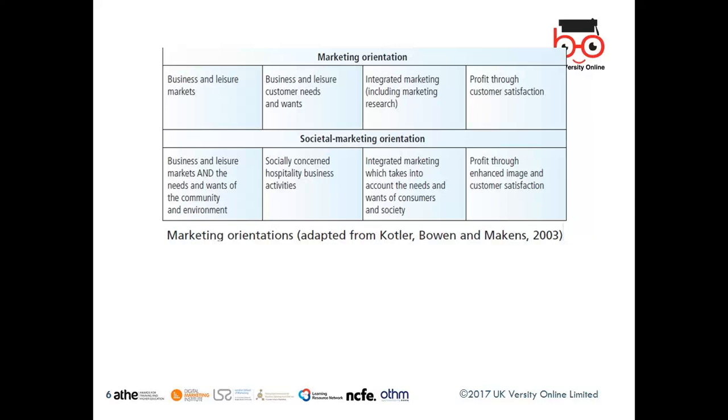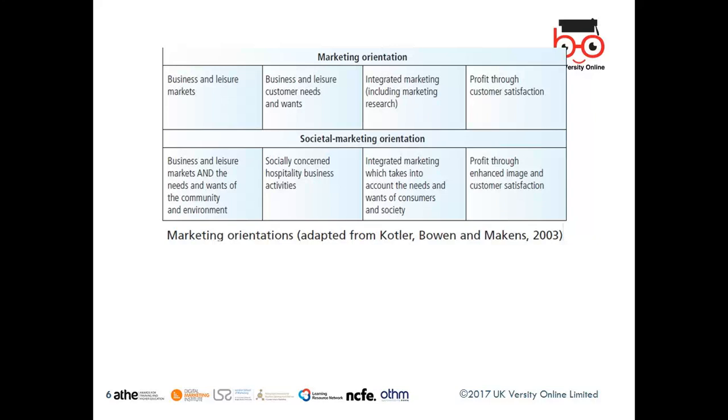Next is the social marketing orientation: the business and the market focus on the needs and wants of the community and the environment. Not just the customer's instant needs, but the community as a whole, the best interest of many people and the environment.